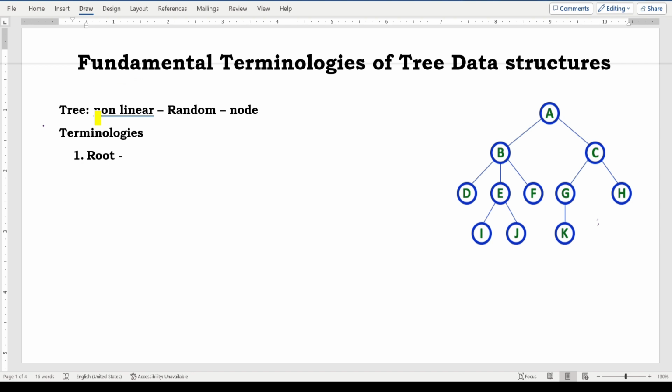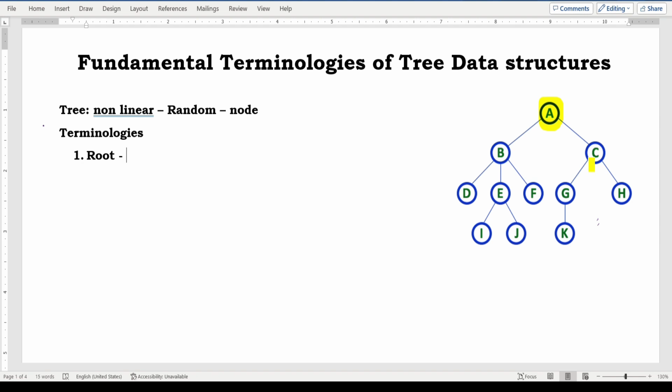In a tree data structure, the first thing is the root. So this is the root. The first node is called the root node. Every tree must have at least one root node. We can say that the root node is the origin of the tree data structure. So from this root node, from this A, the other nodes have grown.